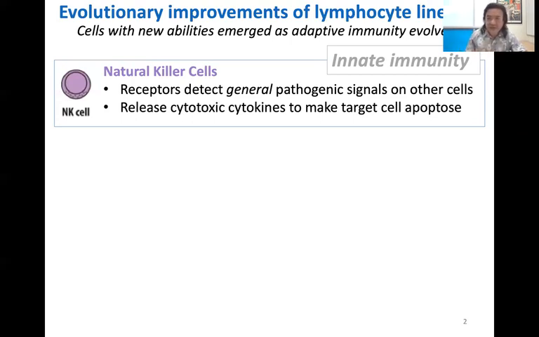And then the natural killer cell will kill that target cell through releasing cytotoxic types of signals, small little cytokines that we think of as cytotoxins, because the result of those cytokines being received by a target cell is that the target cell undergoes apoptosis and self-destructs.